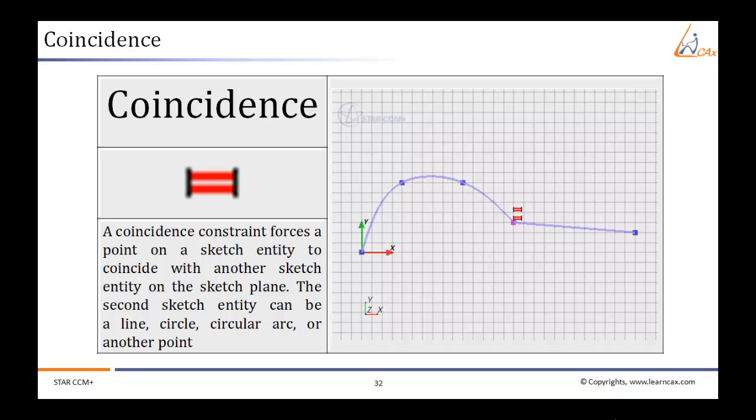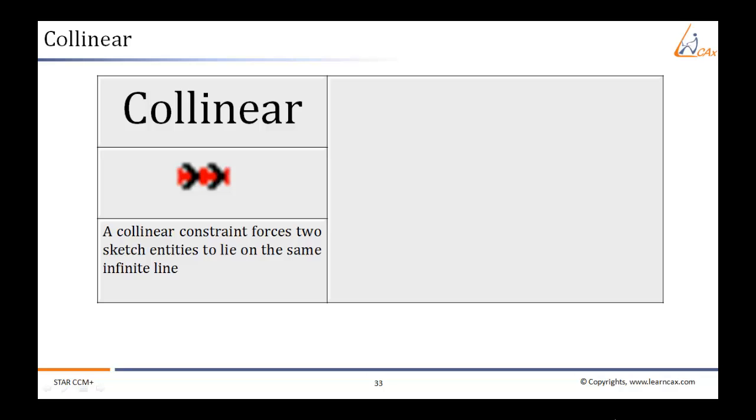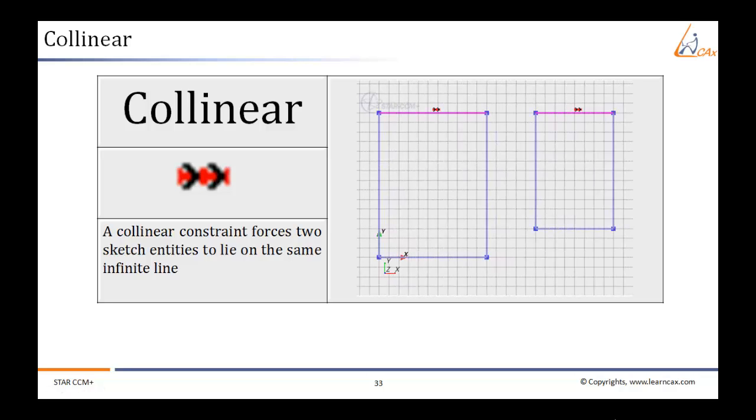The next constraint tool is the Collinear tool. Using this constraint, we can force two sketch entities to lie on the same line. As shown here, we have fixed the two edges of these two rectangles to be collinear with each other.